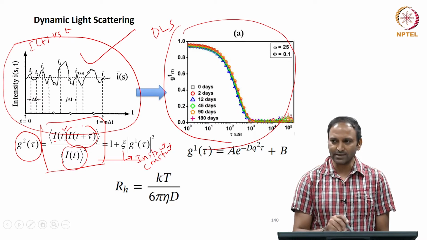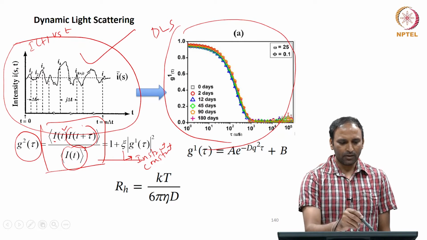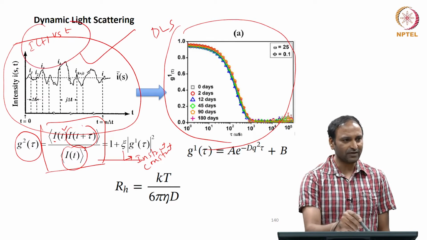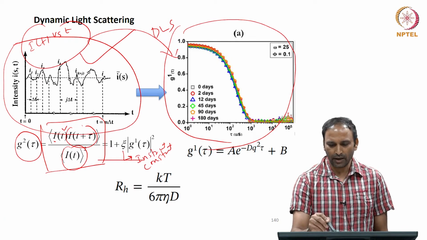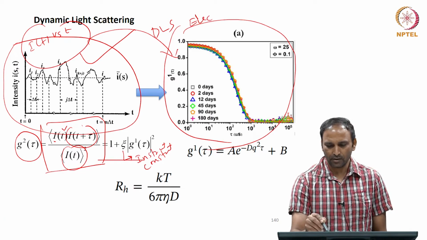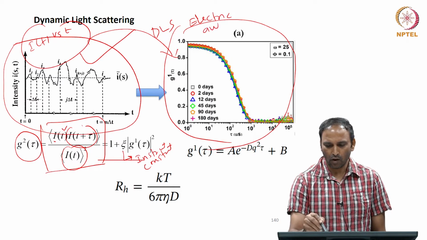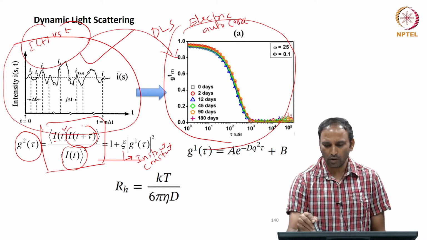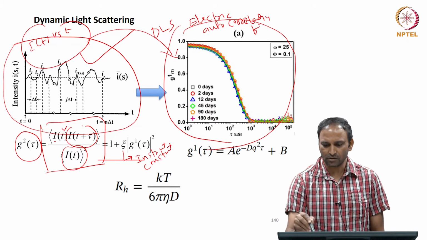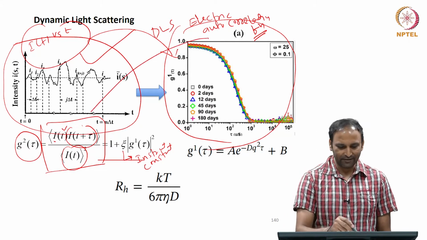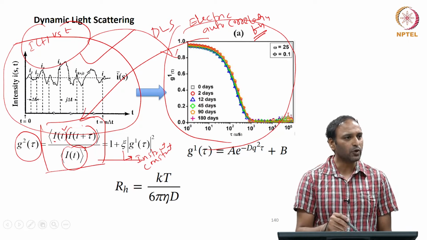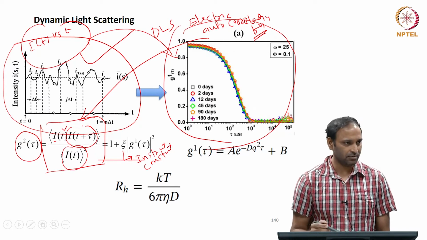So what I am trying to say is that the scatter intensity as a function of time is reported as what is called the electric field autocorrelation function, which is derived from the fluctuation in the intensity that you measure.